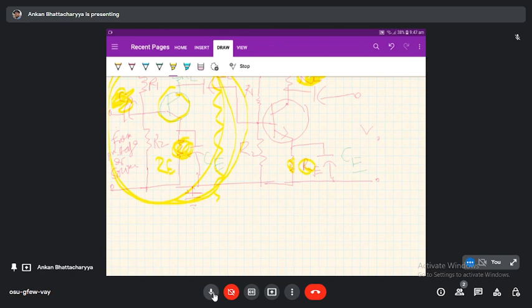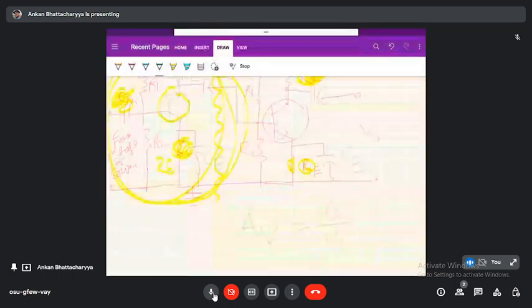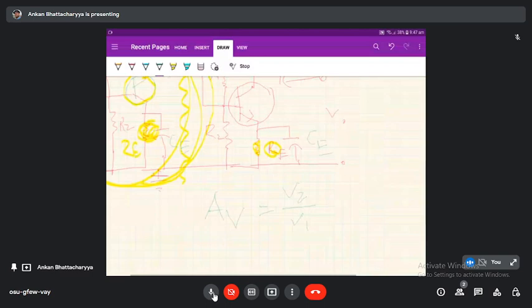Now, I will discuss the term frequency response. The voltage amplification factor AV is defined as V2 by V1. This is also represented by the magnitude and the phase angle.